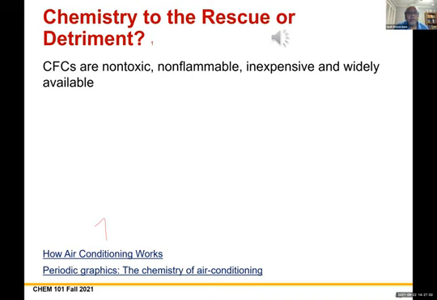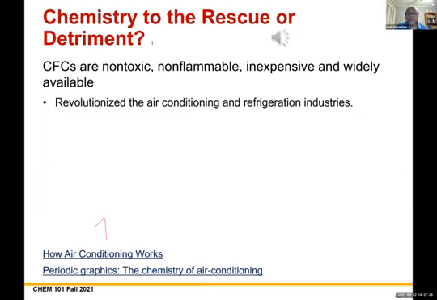So CFCs, chlorofluorocarbons, carbon compounds containing chlorine and fluorine, are non-toxic, non-flammable, and inexpensive, so they were widely used as a refrigerant, a cooling agent in refrigeration units.